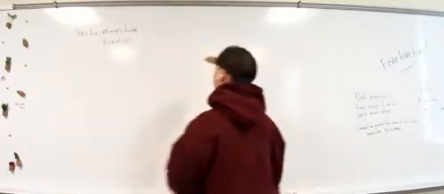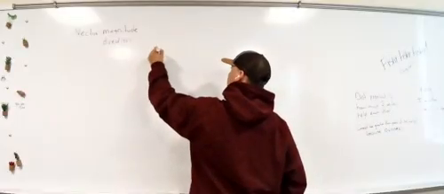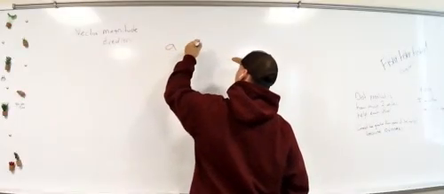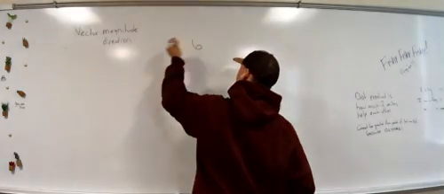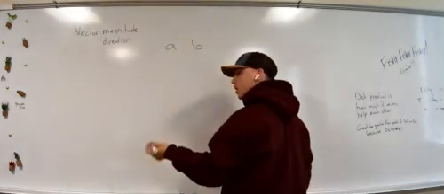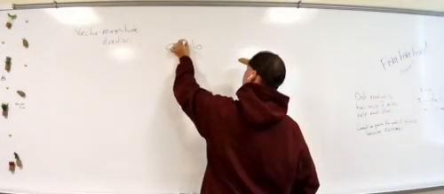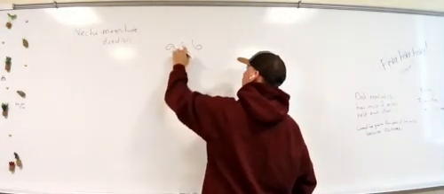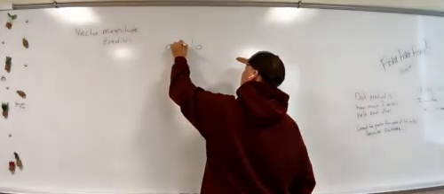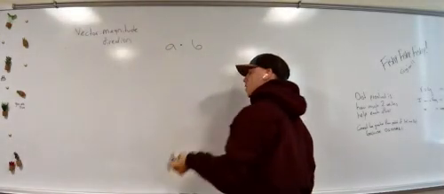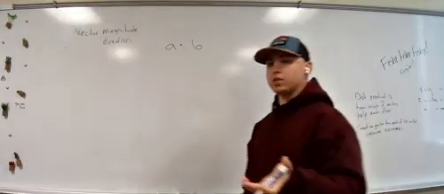Let's take two vectors and put them right here. Let's say we have vector A and vector B, and we want to do the dot product. We cannot use the multiplication sign; we have to use a dot because it's not necessarily multiplication.